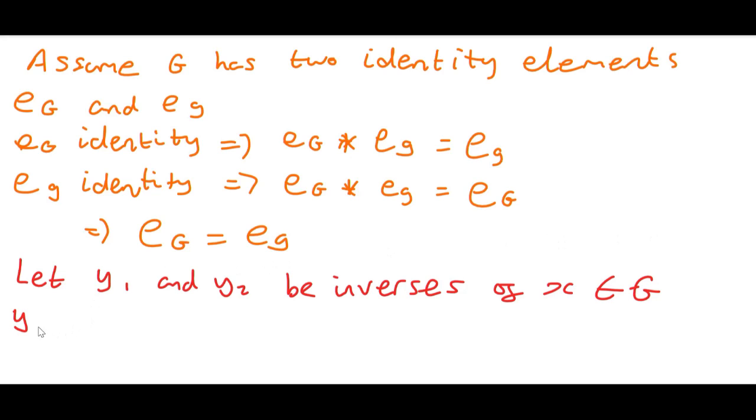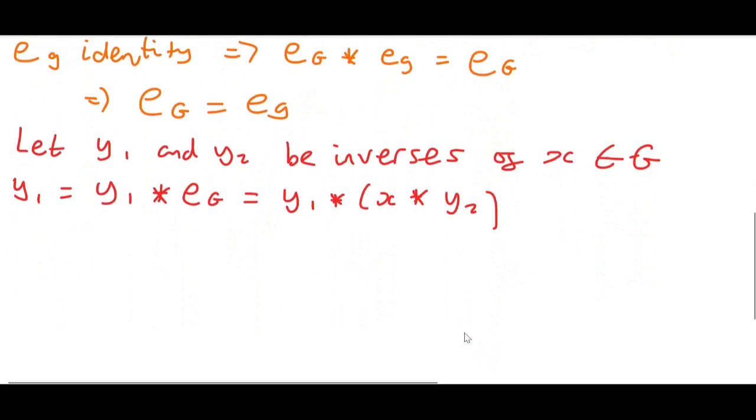We know y1, by the laws of group identities, is equal to y1 star the identity element. And then we know by the definition of y2 being an inverse of x, the identity element, okay, is equal to x star y2, because if this isn't true, then y2 is not an inverse, and that's the assumption we're making.